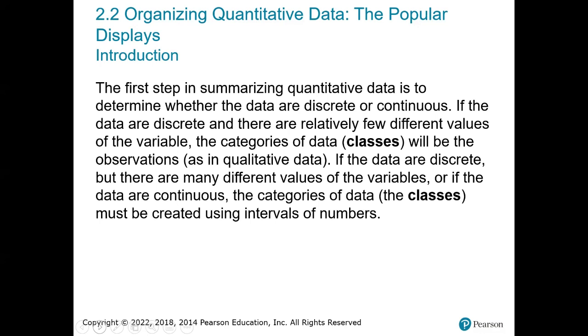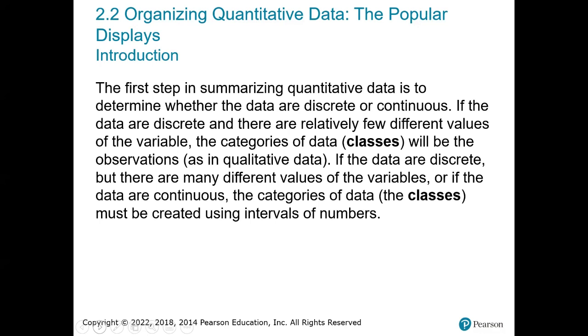So rather than keeping them all separate, and the first example we're going to do is going to keep them all separate, what we can do is create categories of data or classes of data. And what we do is we can lump values together. So if the data is discrete, and there's a small amount of them, we can keep them as their individual values.